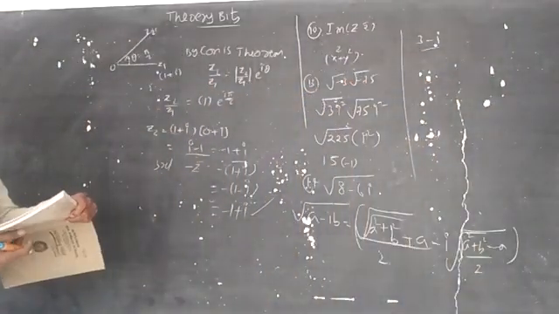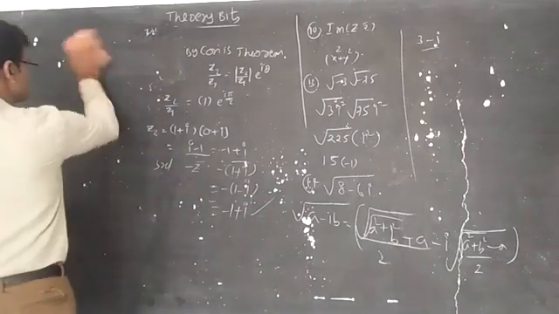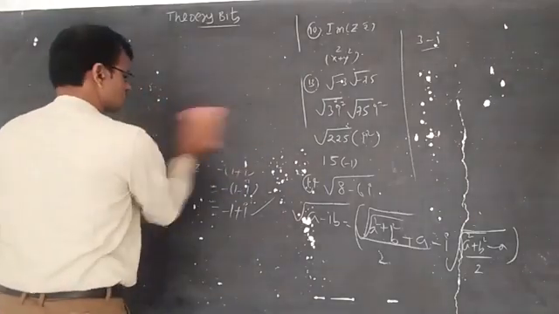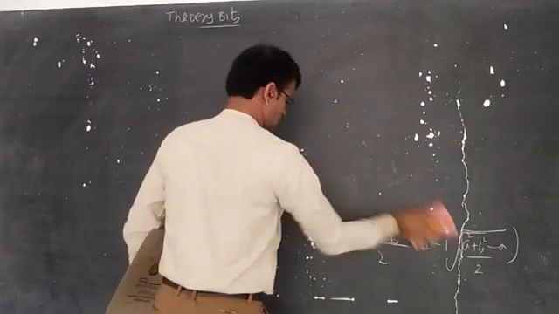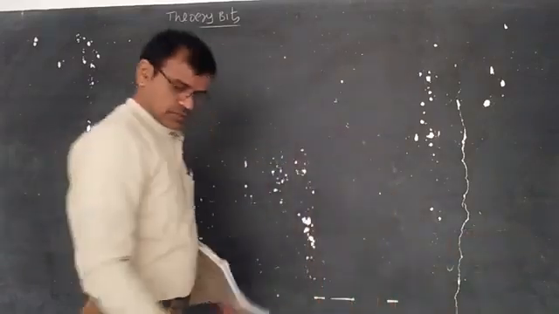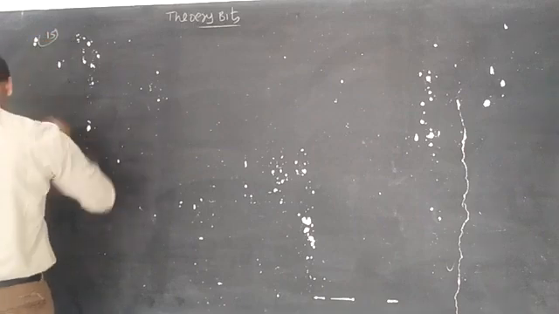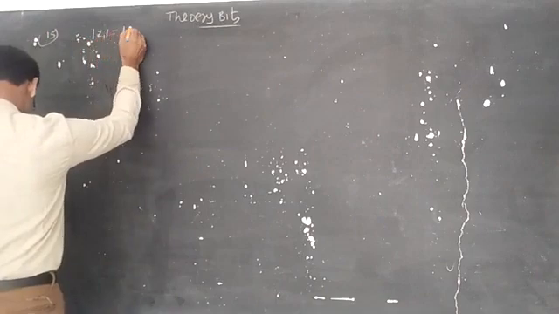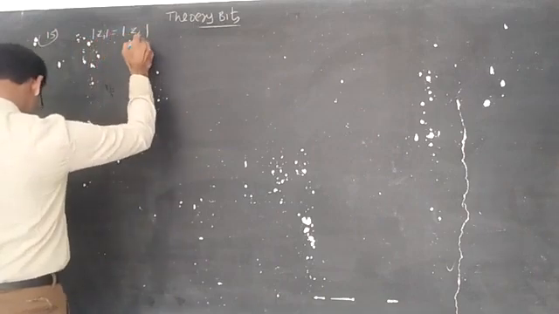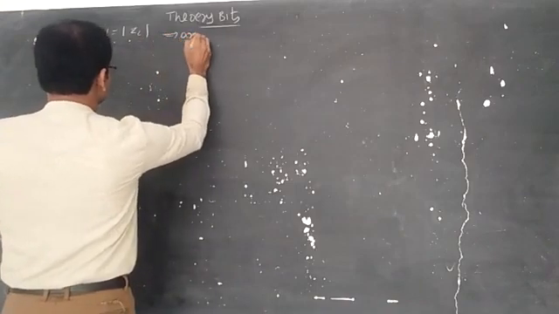15th question. If z1 comma z2 are two complex numbers such that modulus of z1 is equal to modulus of z2, and argument z1 plus argument z2 is equal to 0.